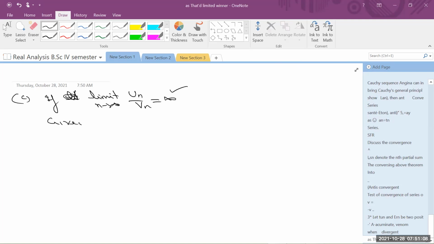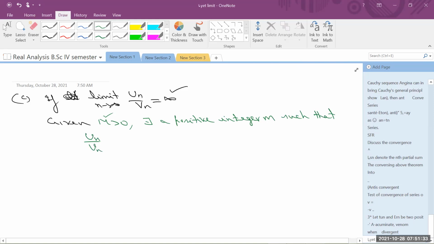So this implies that given m greater than 0, whatever real number greater than 0 is given to us, there always exists a positive integer, say m, such that un by Vn is greater than m for every n greater than m, because both are positive.